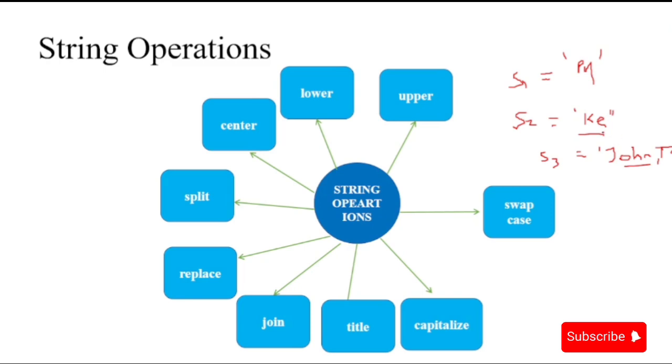Say this is the start of my space, and this is my space. When I say center, I will have my string "ke" centered in this space. That is the center string operation.